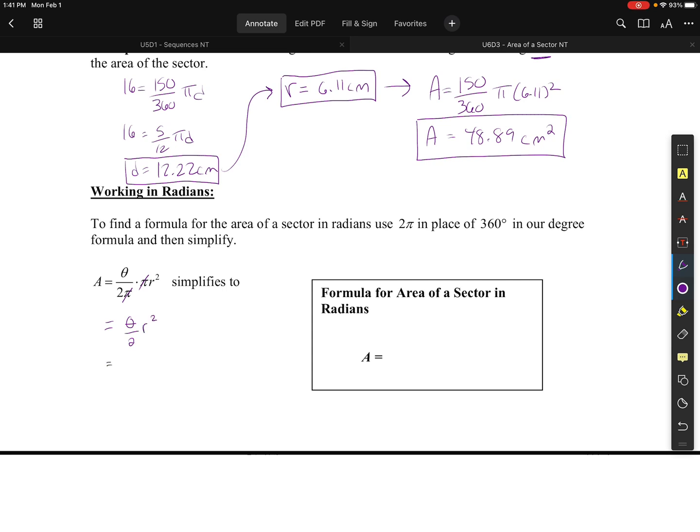If I separate that, divide by 2 is multiplied by a half. 1/2 theta r squared. That's our formula for talking about radians. And again, just like the other day, it comes from the n/360 formula. We just slightly modify it to better work in the situation. Right, so area equals 1/2 theta r squared.